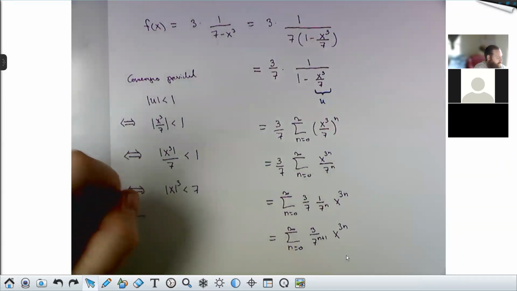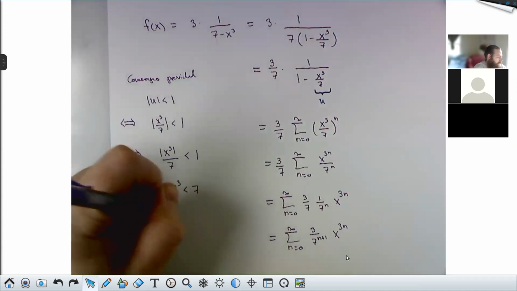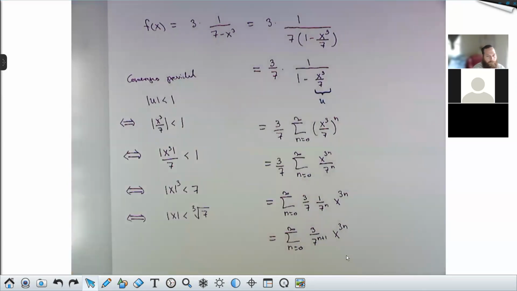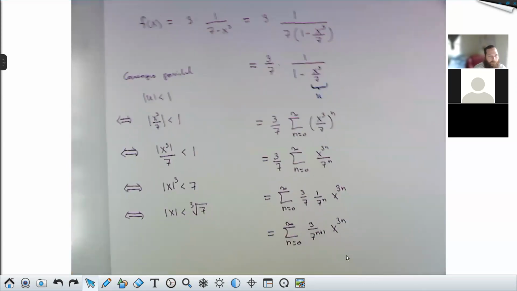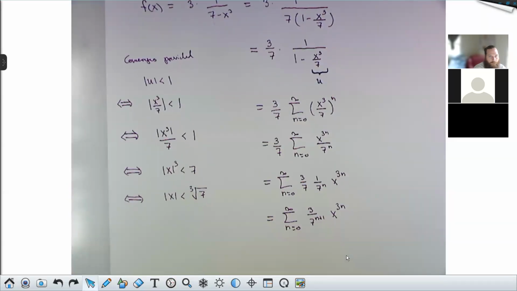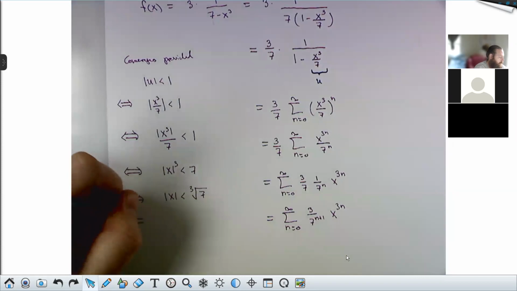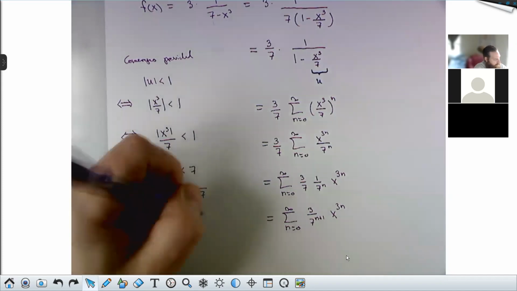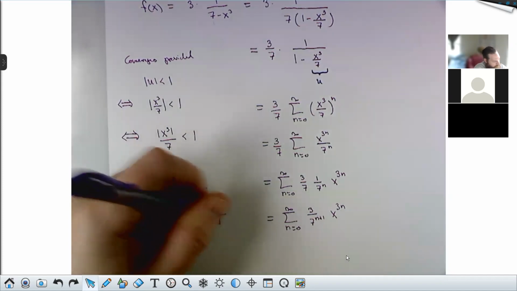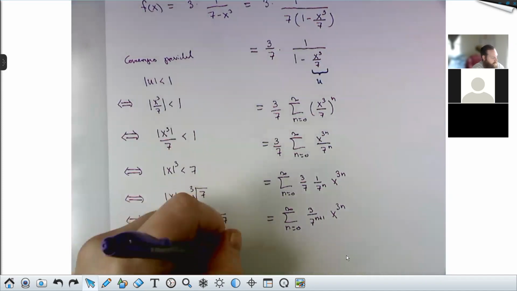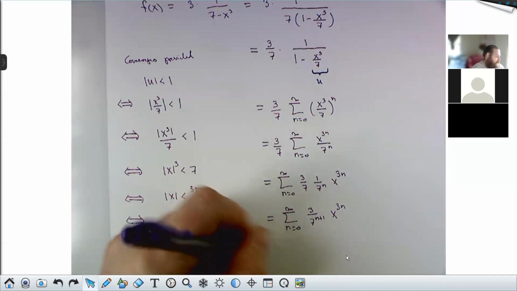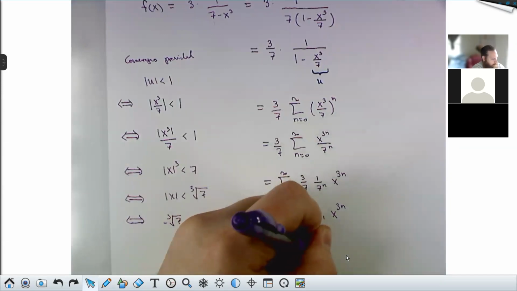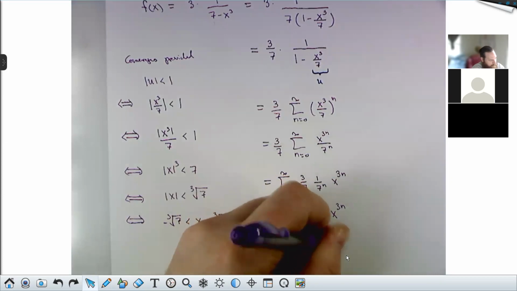Then taking cube roots gives me this. And finally, I'm ready to unpack the inequality. That's negative cube root of 7 is less than x is less than the positive cube root of 7. So the IOC is the open interval from the negative cube root of 7 to the positive cube root of 7.